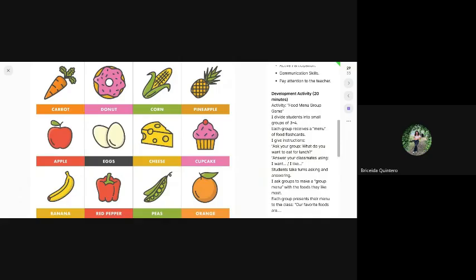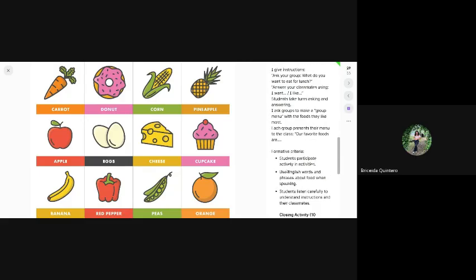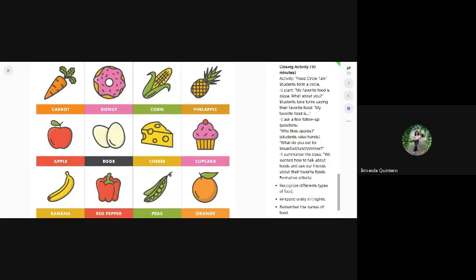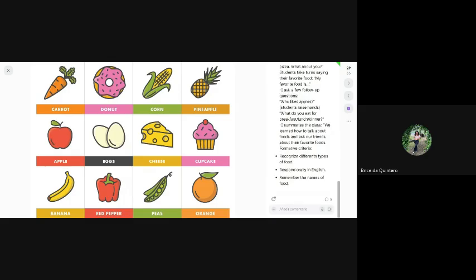The formative criteria are that students participate in the activity, use simple English words and phrases about food, listen carefully, and understand the instructions and also their classmates. In the closing activity, food circle talk. Students form a circle.